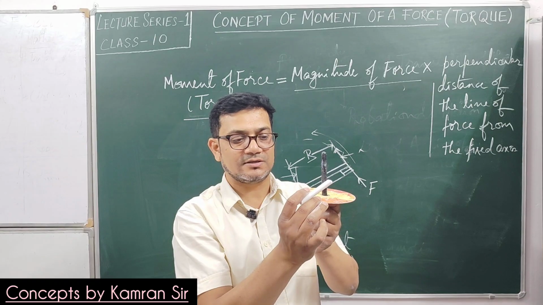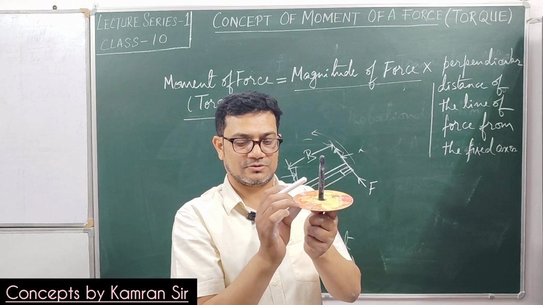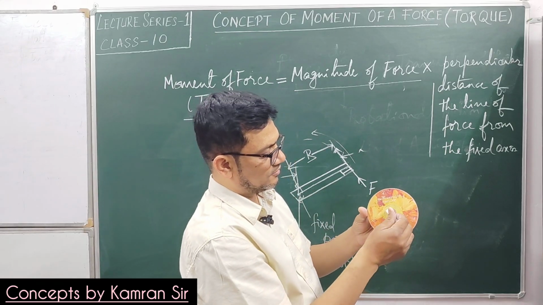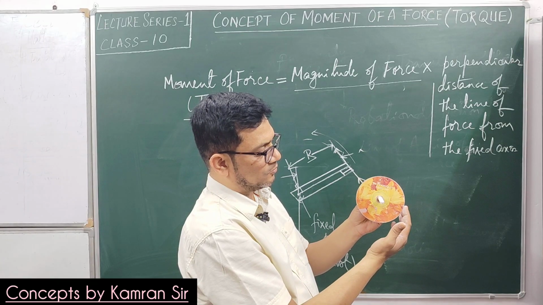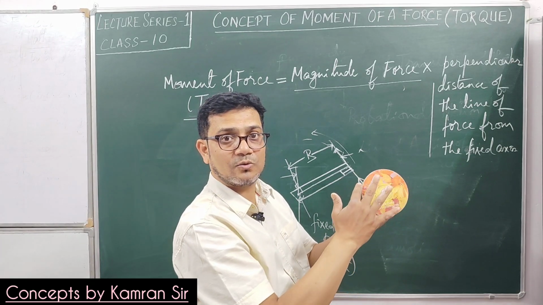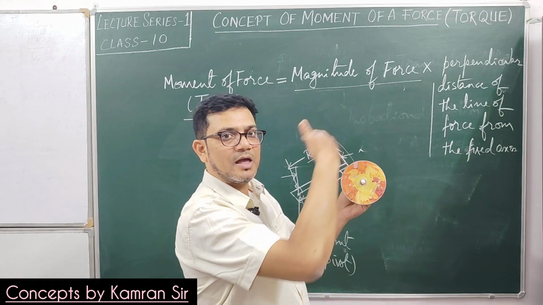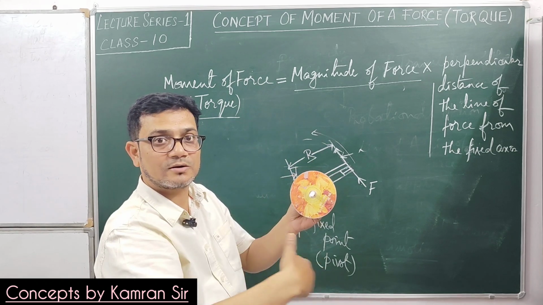So the effect could go either in this direction or in this direction. Here you have the axis of rotation, right? When you apply a force, it could be in this direction, so this is anti-clockwise. It's going anti to the clockwise direction, opposite to the clock direction.